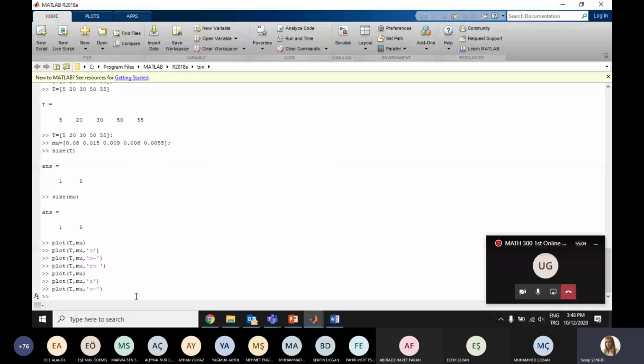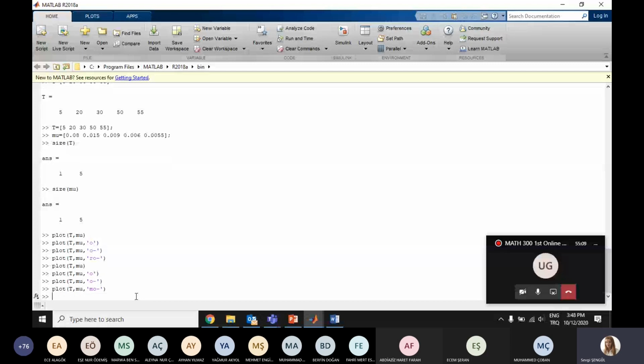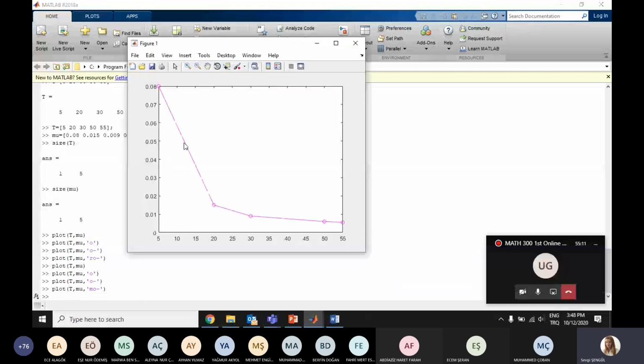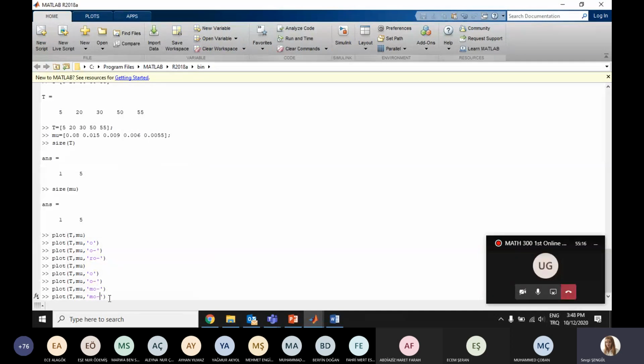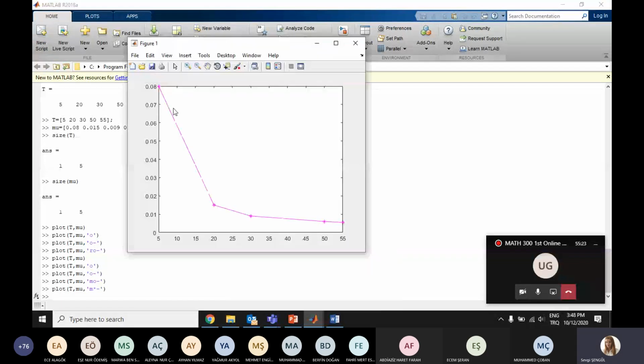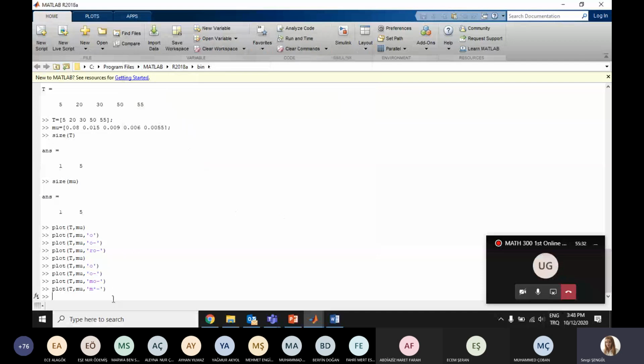And to be able to change the color, you can specify the color there. You can say magenta. You know, it's like pinkish, purplish color. Like that. Instead of circle, you can say, I want to put star. Okay? So it will put a star for the data. So these are just some properties for plotting. And to see all those, you can see help plot.